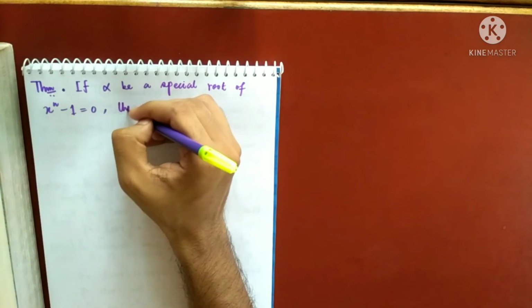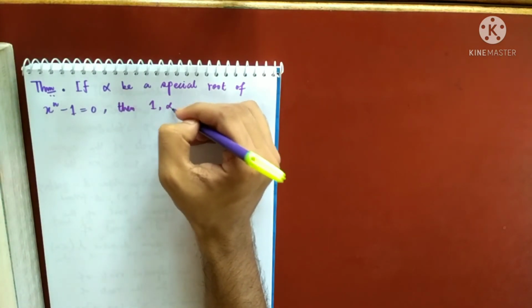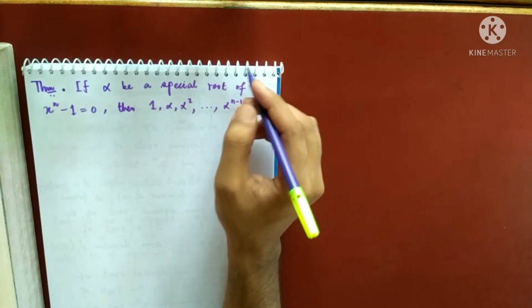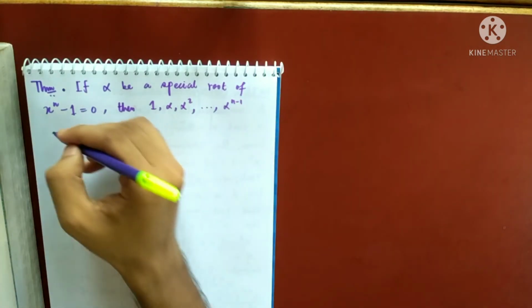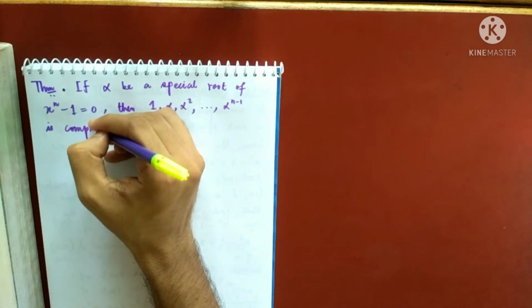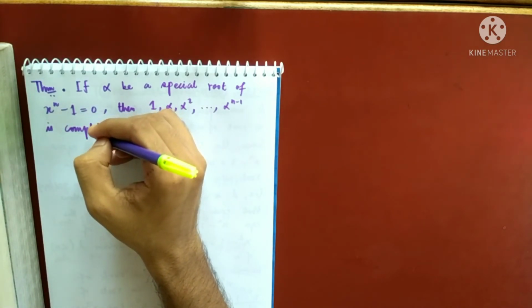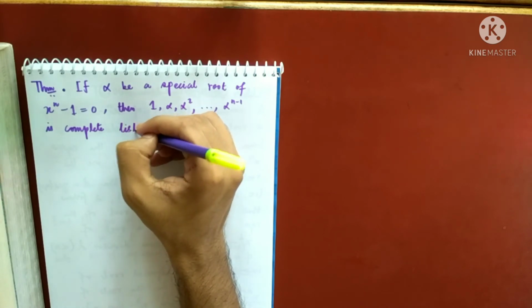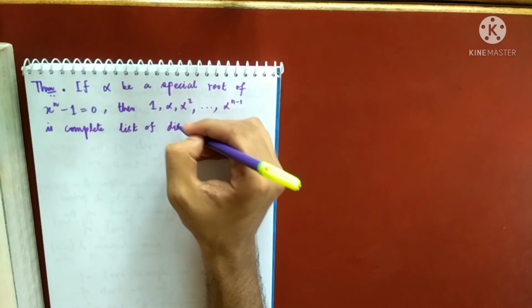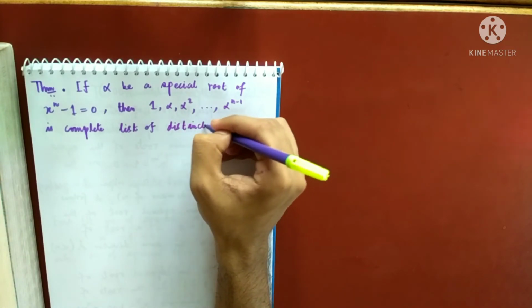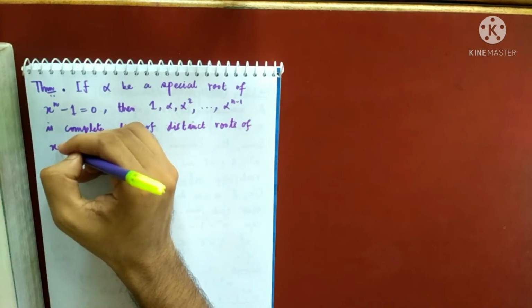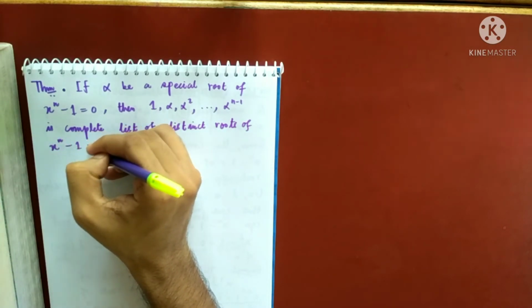then 1, alpha, alpha square, up to alpha to the power n minus 1 is a complete list of distinct roots of x to the power n minus 1 equals 0.